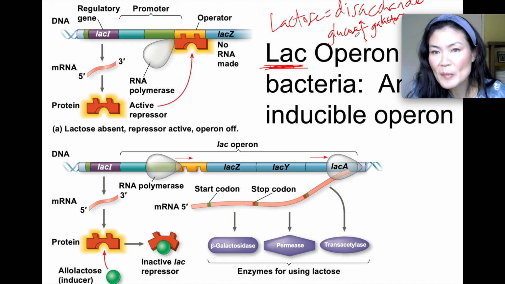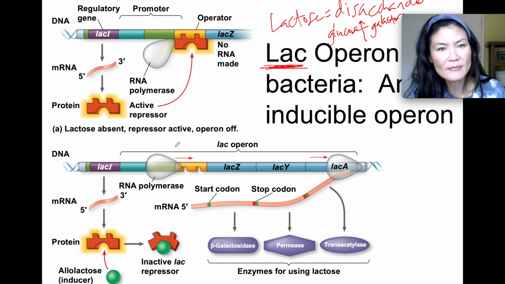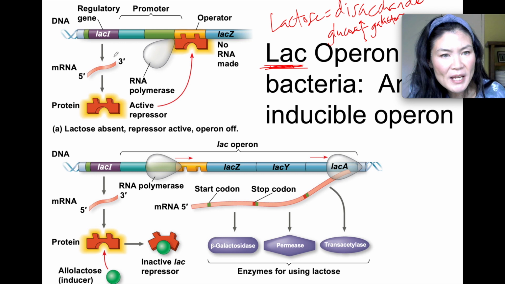And also, remember that chemical reaction where we break bonds? Do you remember what it's called? Hydrolysis. Remember hydrolysis? We're breaking those bonds, okay? All right, so what's happening here is that in a lac operon, you also have the regulator gene, you have the promoter, you have the operator, and then you have the gene that's going to code for enzymes that are going to help break down lactose.